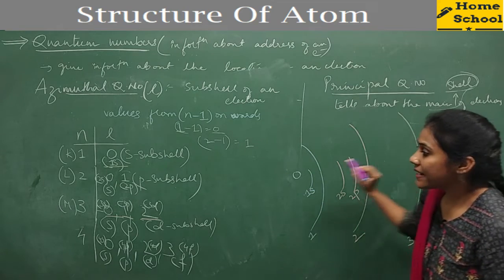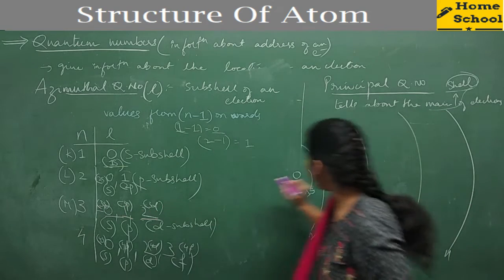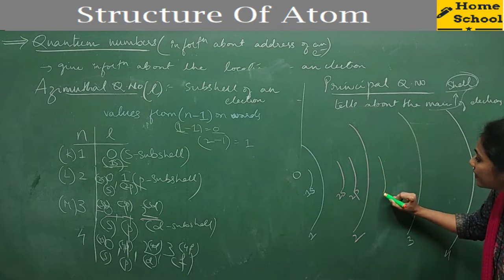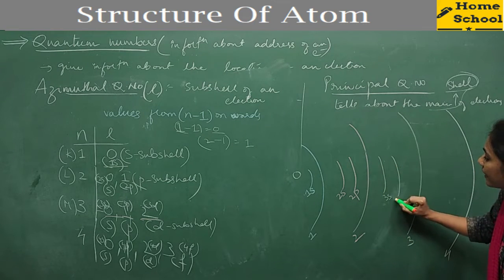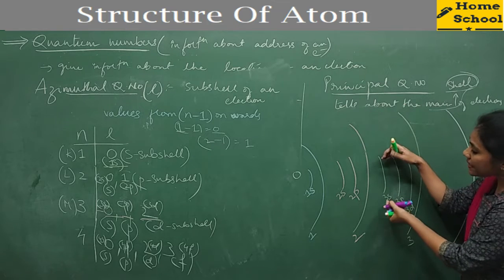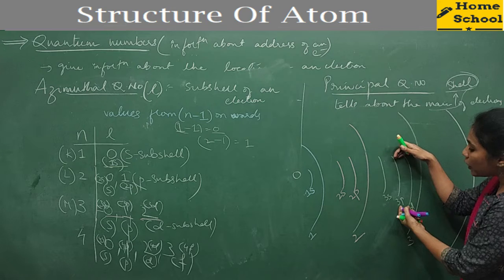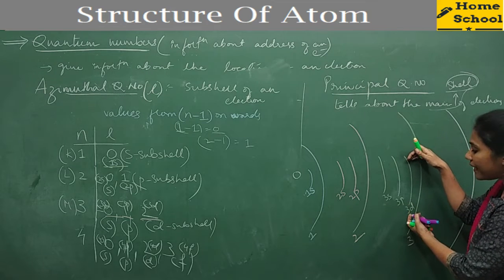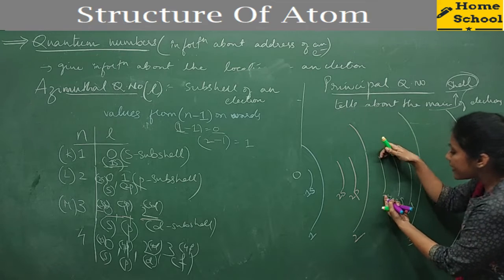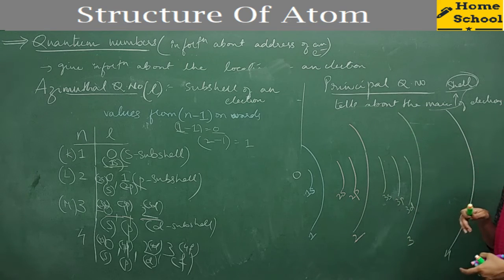So that means 3 districts are there. What are their names? You have 3s, 3p and 3d. Electron may be present in the 3s subshell, the 3p subshell, or the 3d subshell, like in this district or this district.